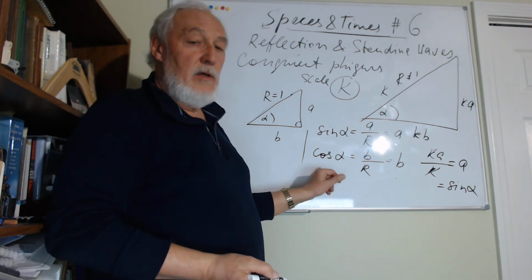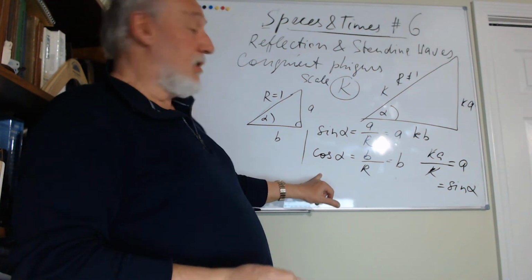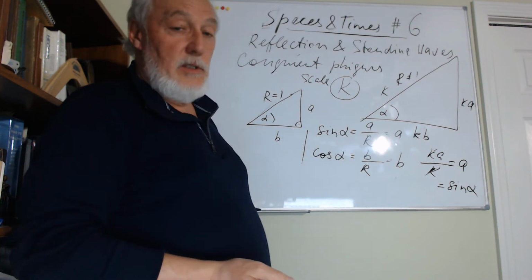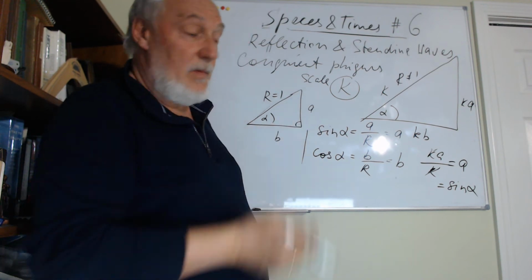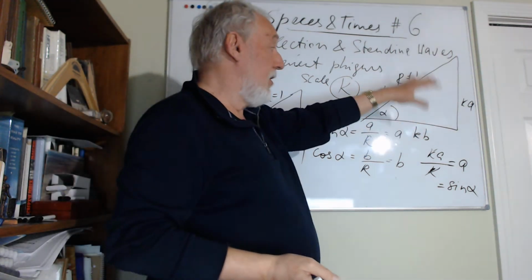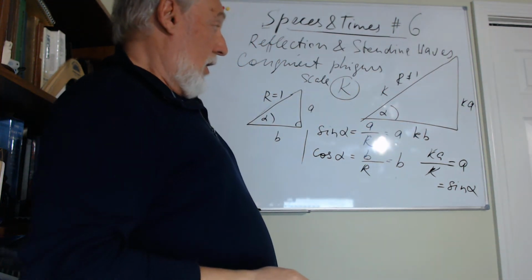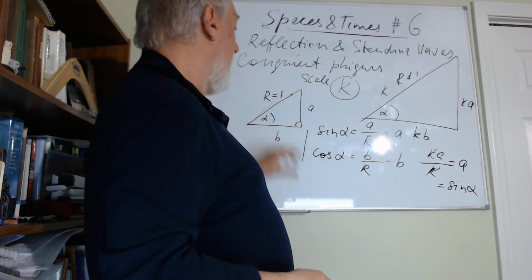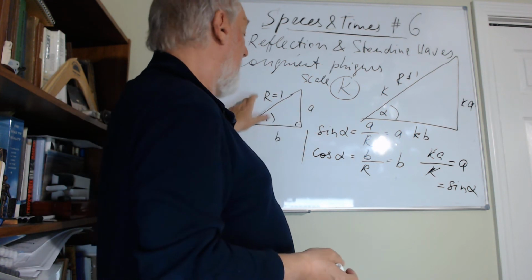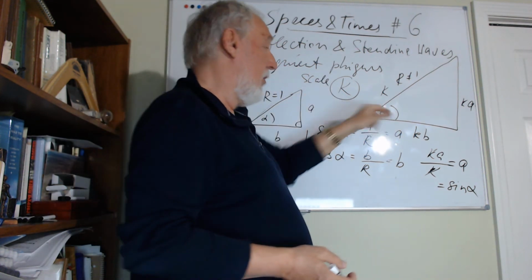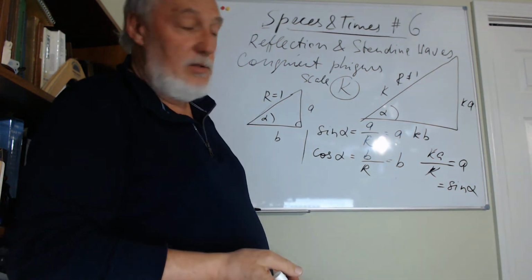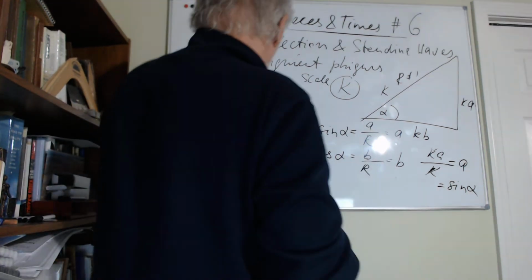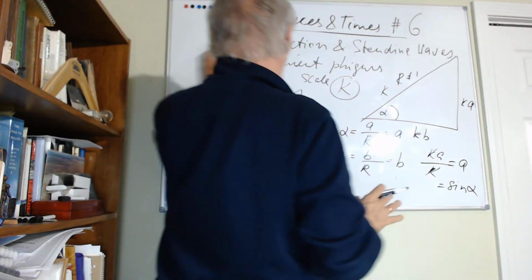That's a very significant result. That's why we so often use sine, cosine, and all these trigonometric functions, because they work for all these congruent figures. If you take the opposite leg and the hypotenuse and divide one by the other, you will have sine of alpha. This is a very important thing to remember.